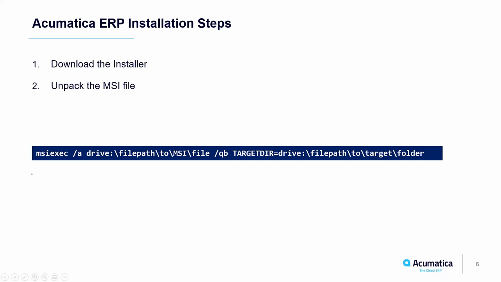Basically, we're just calling this tool with some parameters. We specify the path to our Acumatica ERP MSI installer, and as a target directory, we specify the path where we would like to put the content of this installer.